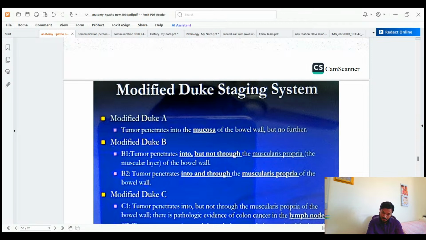Modified B1 and B2. B1 tumor penetrates into but not through the muscularis propria muscle layer of the bowel wall.